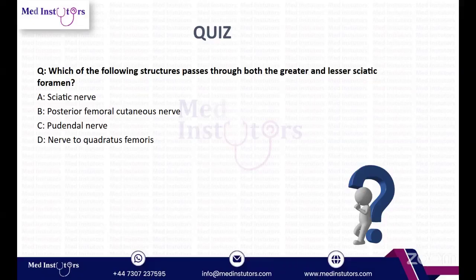Okay, now you can compare. We are just studying the contents of the greater or lesser sciatic foramen, but you can see how simply changing one word can change your answer. Now they are talking about the content which is passing through the greater and lesser sciatic foramen. So there could be many contents, but yes, here the answer is pudendal nerve.